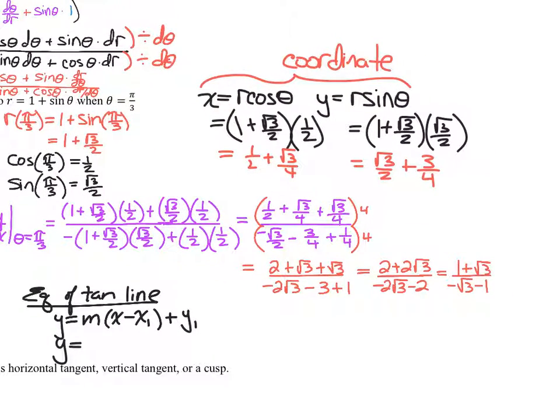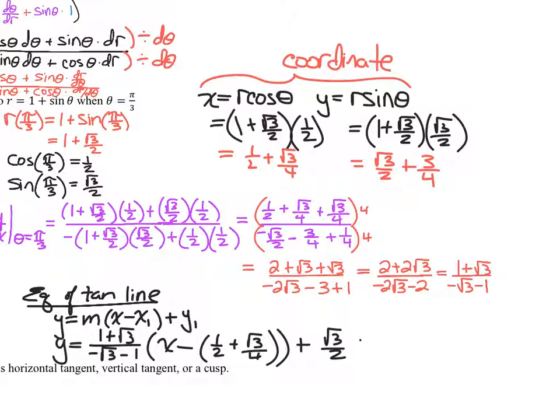So 1 plus the square root of 3 over the square root of 3 minus 1 times x minus my x coordinate, so 1/2 plus root 3 over 4, close them up, plus the y value of my y coordinate, root 3 over 2, plus 3/4.